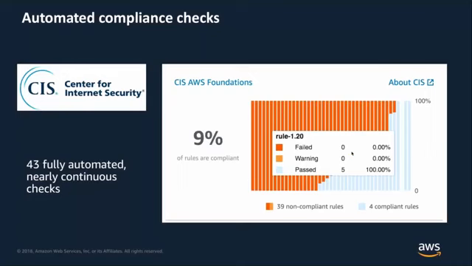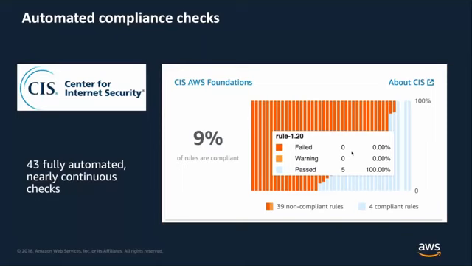And what this is telling you is, of those 43 rules, which ones are compliant and which ones are non-compliant. A non-compliant rule means that in any of the accounts that are part of the master member hierarchy, if there is a single failed or single warning check, then the whole rule is non-compliant.